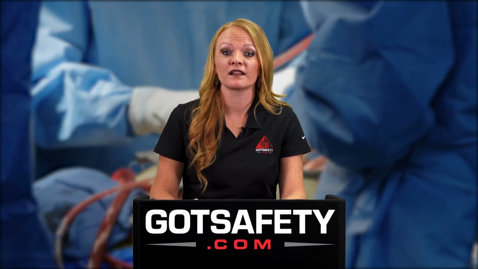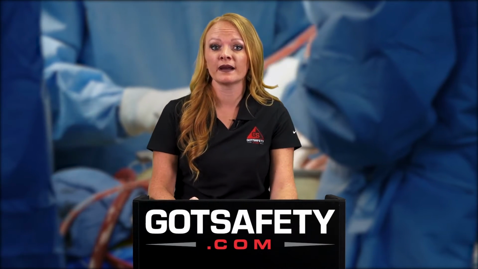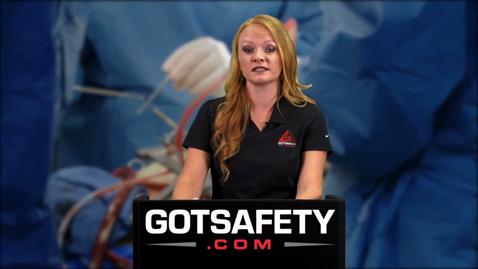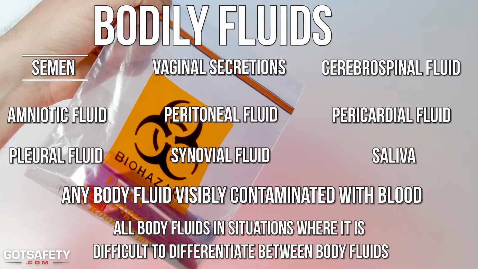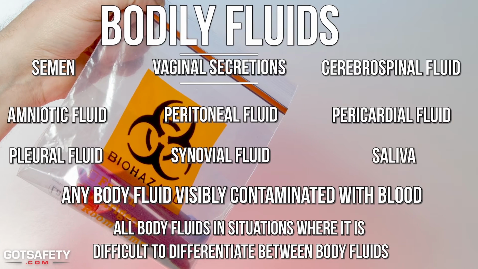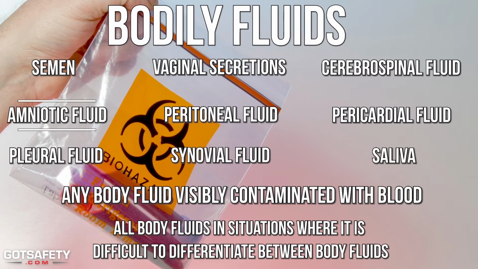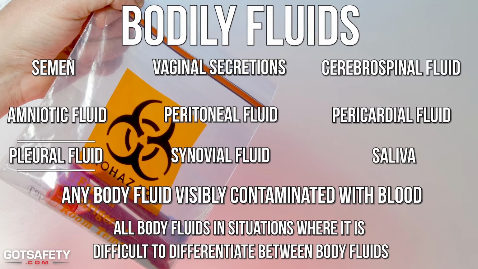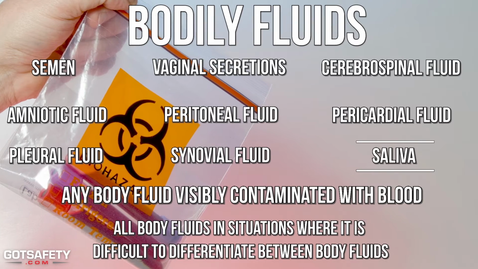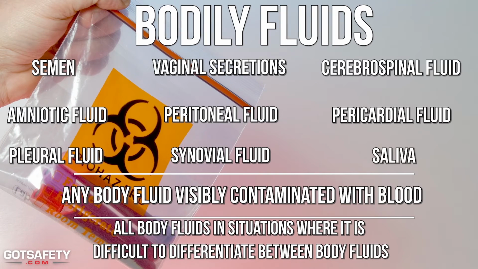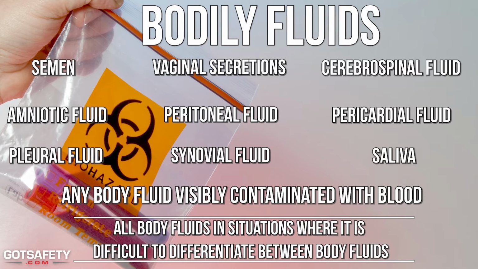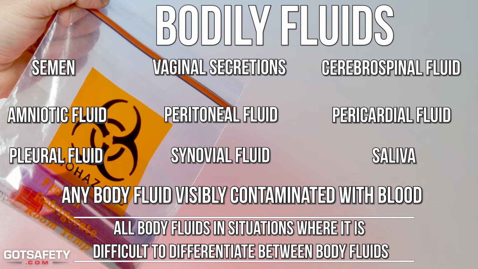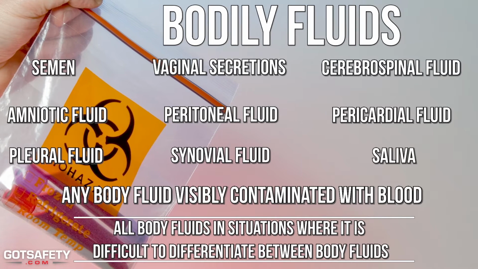Blood is not the only bodily fluid that can be contaminated with bloodborne pathogens. Healthcare workers must use equal caution when it is reasonably expected to encounter the following: semen, vaginal secretions, cerebrospinal fluid, amniotic fluid, peritoneal fluid, pericardial fluid, pleural fluid, synovial fluid, saliva, and any bodily fluid visibly contaminated with blood, and all bodily fluids in situations where it is difficult or impossible to differentiate between body fluids.